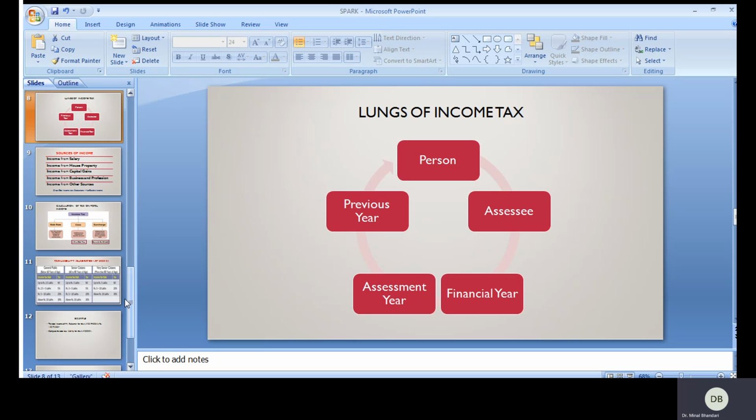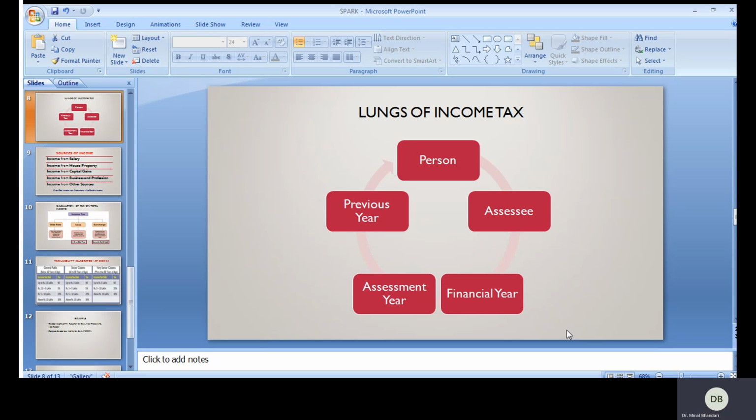Person here means not every human being, but according to the Income Tax Act, person includes different kinds of identities: first an individual, second every Hindu undivided family, third a company, that is a joint stock company, then a firm, then an association of persons, body of individuals, every local authority like a municipal committee or district board, and every artificial juridical person.